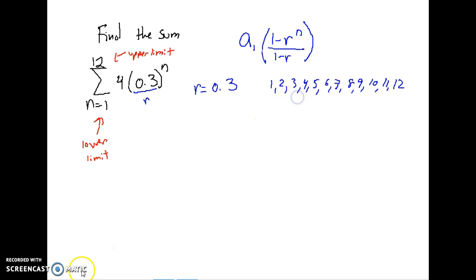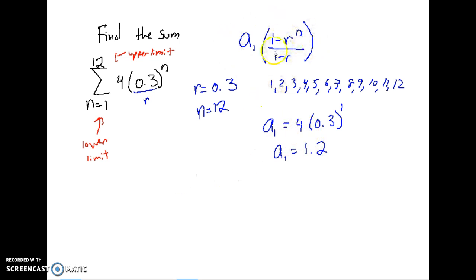Notice I have 12 terms, so that means n is equal to 12. So the only thing left to find is a of 1. So let's go ahead and plug in 1 into this equation. So a of 1 is equal to 4 times 0.3 to the power of 1. So in reality, all we're doing is multiplying 4 times 0.3, which is going to leave us with 1.2.